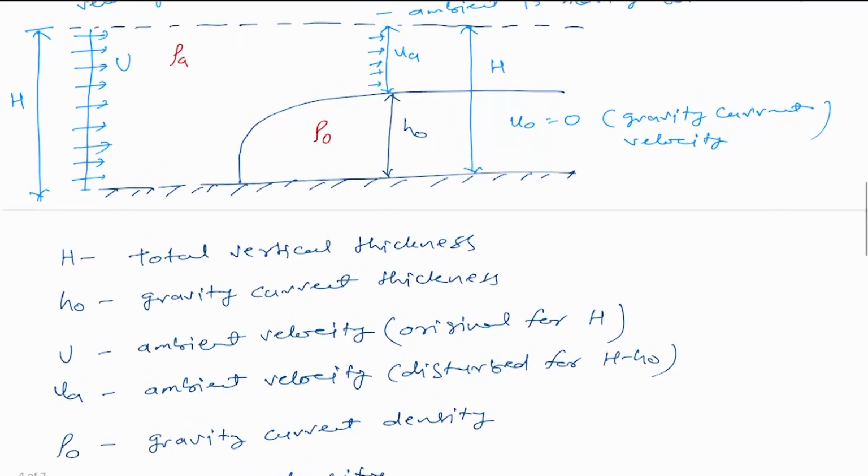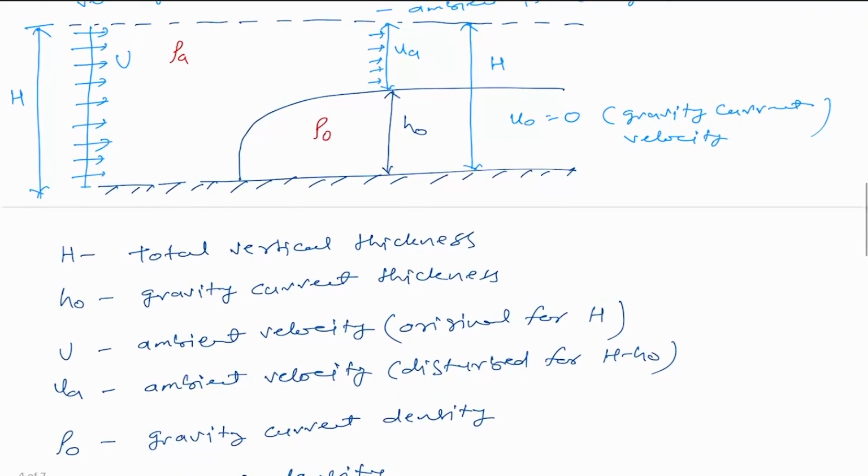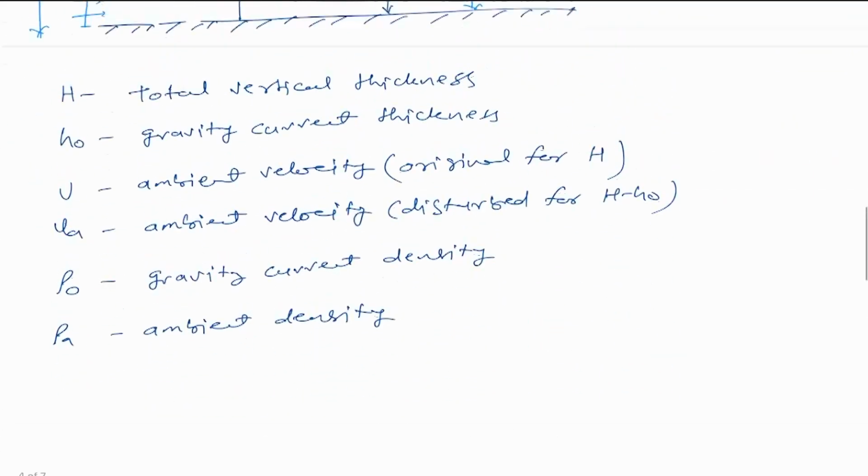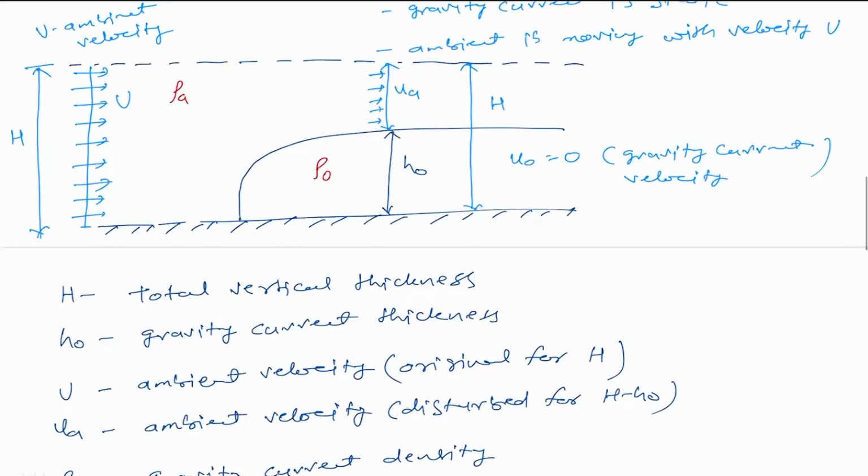So now we will try to use a few equations here, and let us start with, let me copy this system here.